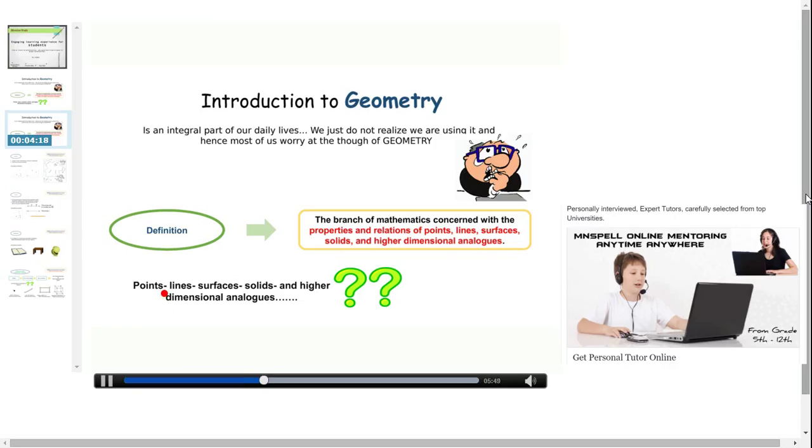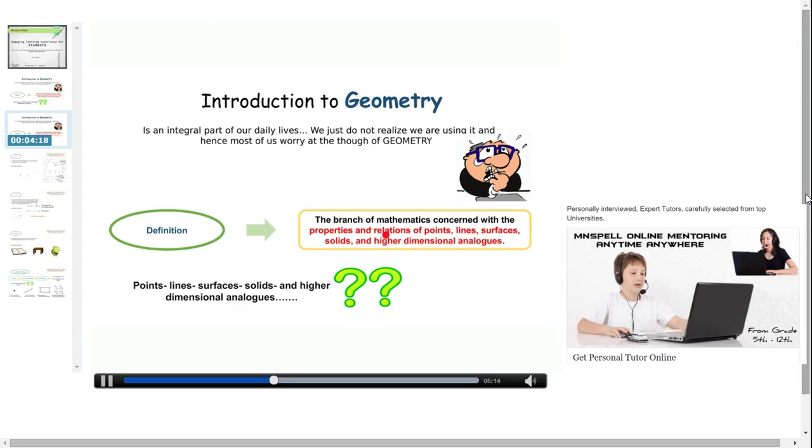So we're going to look at what are points, what are lines, what are surfaces, what are solids, and what are these higher dimensional analogues. Now before we go further, let me just tell you, analogues are basically a fancier word for solids, so higher dimensional solids.